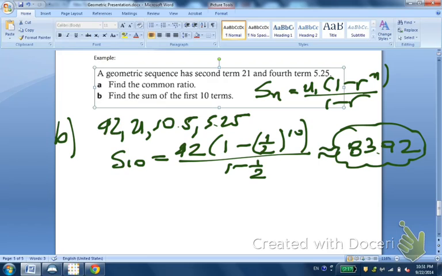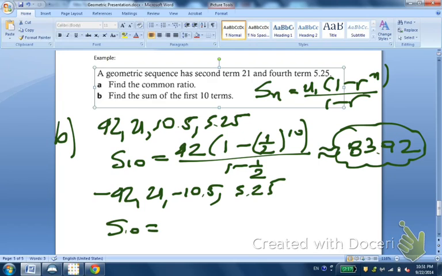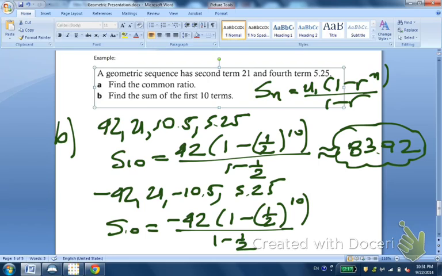And for the sequence negative 42, 21, negative 10.5, 5.25, if we use the same formula, you get S of 10 is negative 42 times 1 minus a half to the 10th, over 1 minus a half.